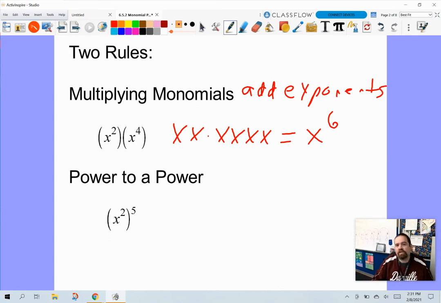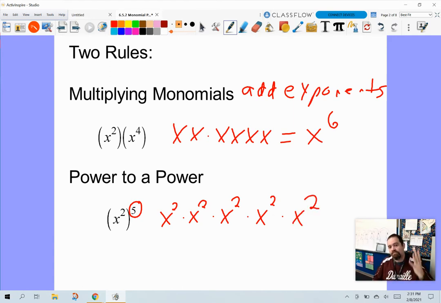All right, the other power rule: when you take something that already has an exponent on it to a secondary power, how does that affect it? If you look at this, the fifth power out here means that you're taking that x squared and multiplying it together 5 times. So I've got x to the second 5 times.